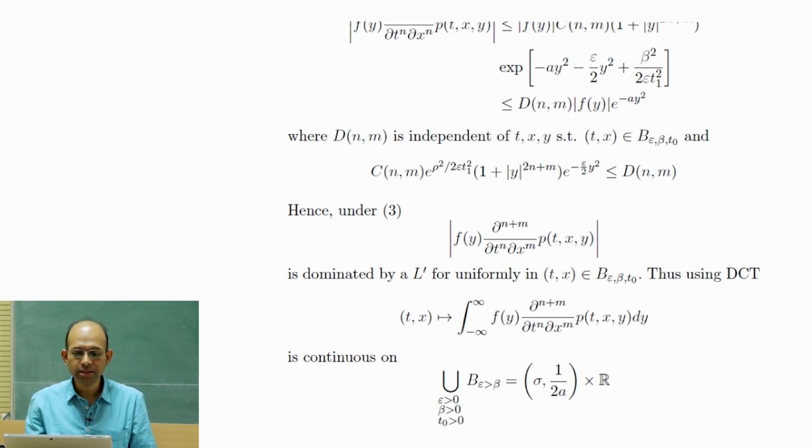So, what we have obtained is that this map is continuous on this 0 to 1 over 2a time interval and the whole space R.